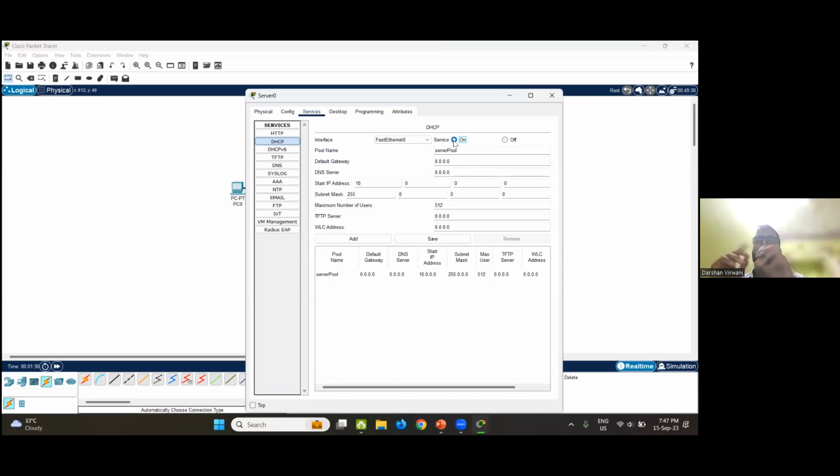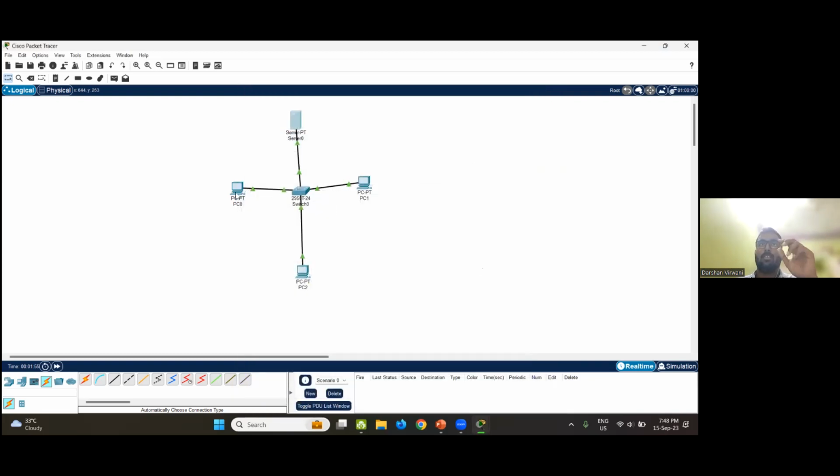Instead I give the range. The starting IP address 10.0.0.1 is assigned to the server, and starting from 10.0.0.2 will be assigned to the other systems in our network. I'll show you right now that we have turned on our DHCP.